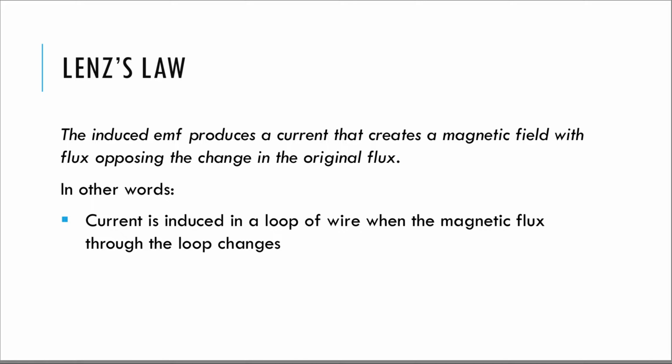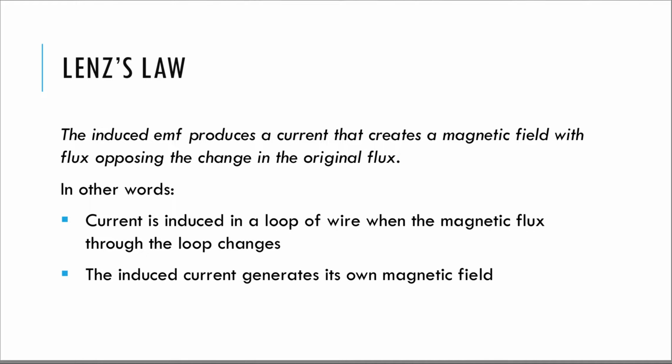So basically, we know that there's a current induced in a loop of wire if the flux through that loop is changing. We saw that in the previous 3 videos. So you know that whenever you have a current, that is going to produce its own magnetic field.